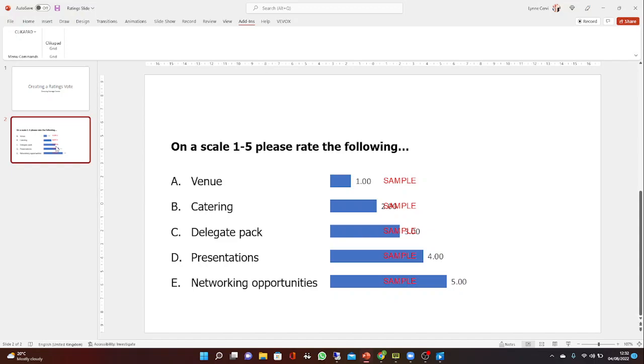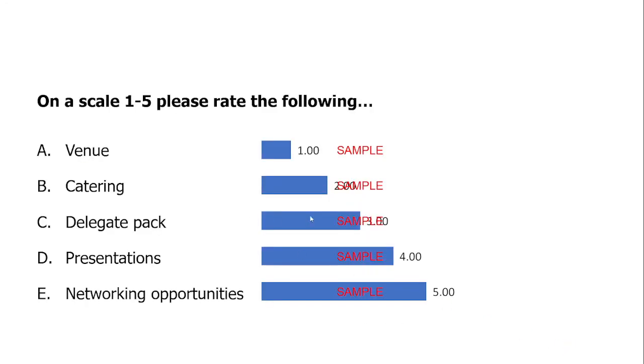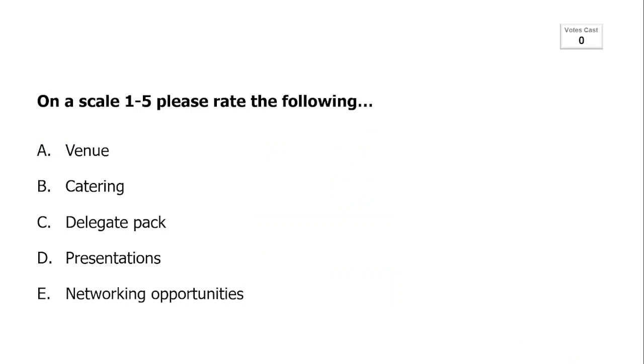To make sure this is the right video for you to watch, why don't we just quickly run a vote on this one so you can see it in action. When we go to start voting, I'm not using any keypads, by the way, so the votes cast box says keyboard in it instead of 0 for the number of votes received. I'm just going to use the number buttons on my keyboard in order to test.